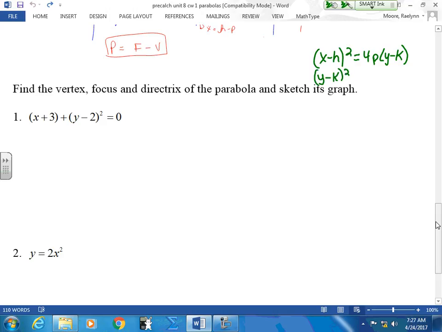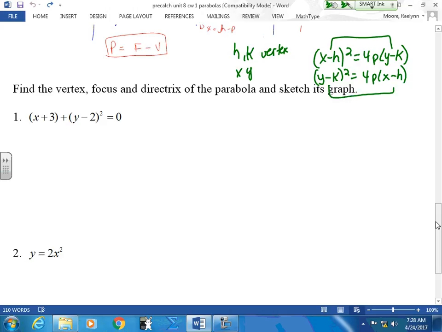And let's start with this first, because this is important. (h, k) is your vertex. X is before y, h is before k. The x always goes with the h. The y always goes with the k. So even though I switched these pieces around here, the x still goes with the h.